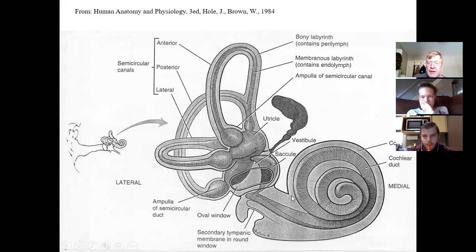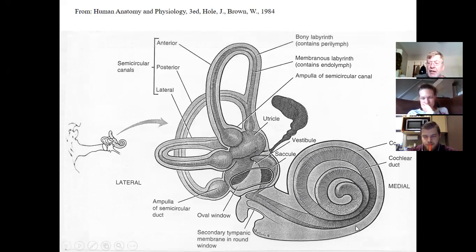Now you're getting a little more detail here. Again, membranous labyrinths, bony labyrinths, but now notice that this is shaped like a triangle. It's wider right here, and then goes to a point. You can see a triangular shape to that. We'll leave this behind. We really don't care that much about this anymore. We are going to focus on the cochlea.